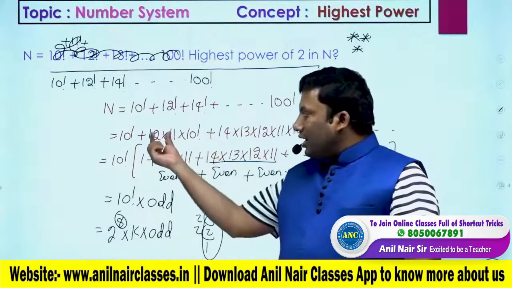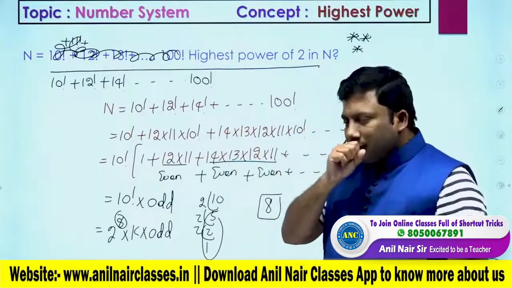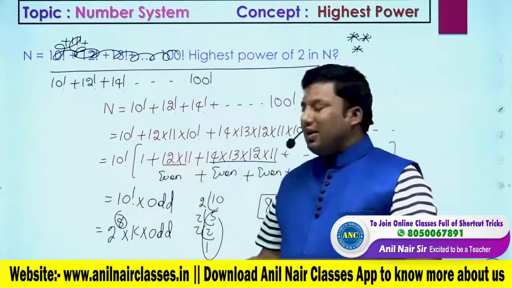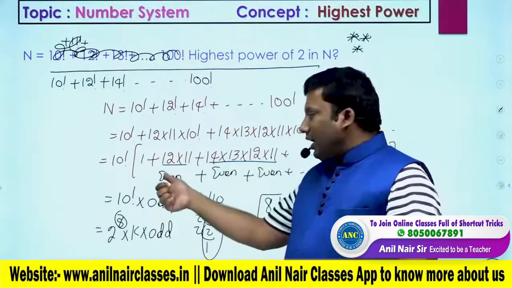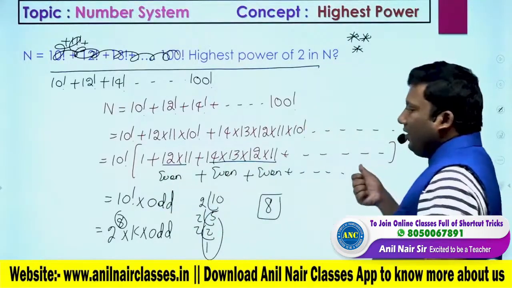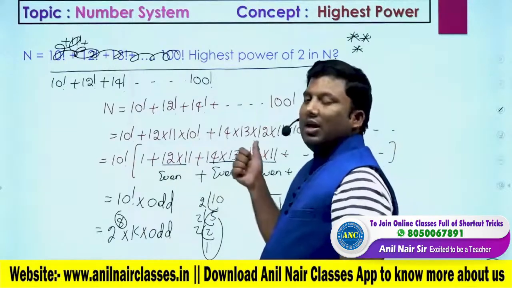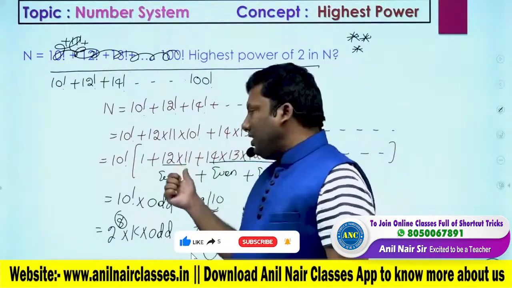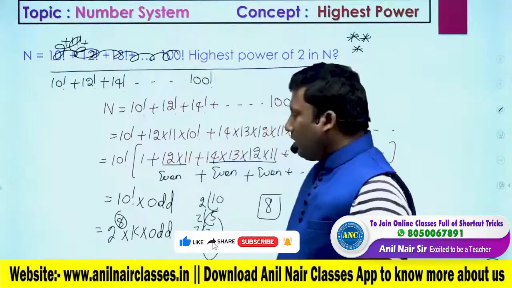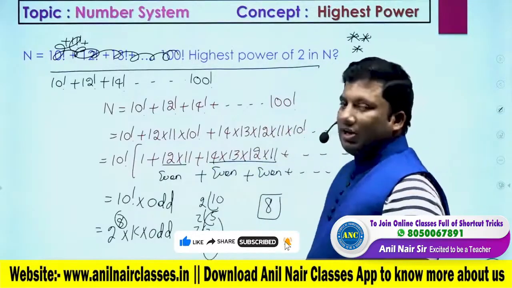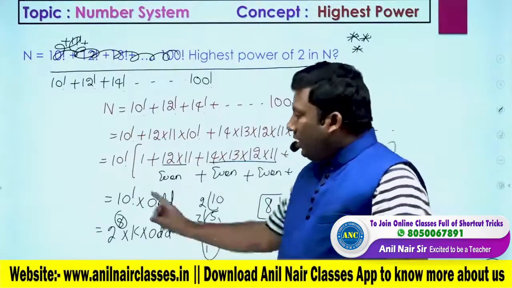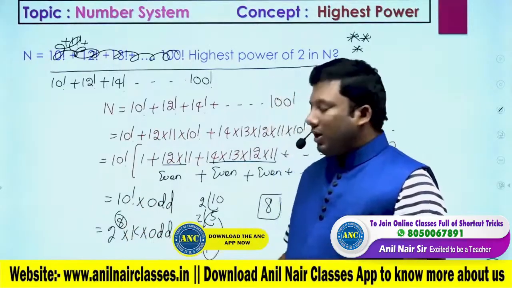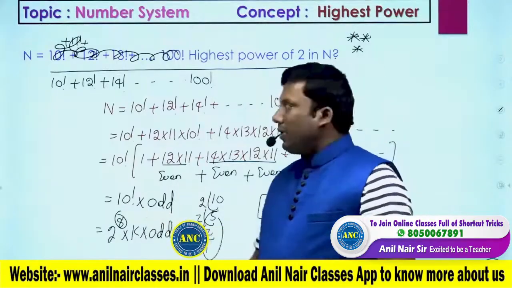Can I say in every term I am getting 12? 12 is even, even into any number is even. Any sum of even numbers is even. Even plus 1 is odd. 10 factorial into odd. Can an odd number have powers of 2? No. So the highest power of 2 is 8, into some other prime bases.